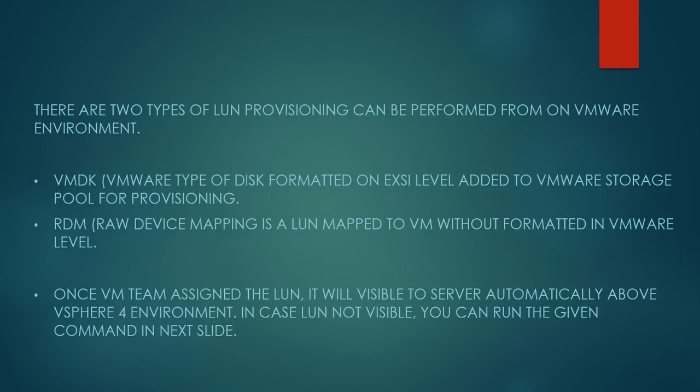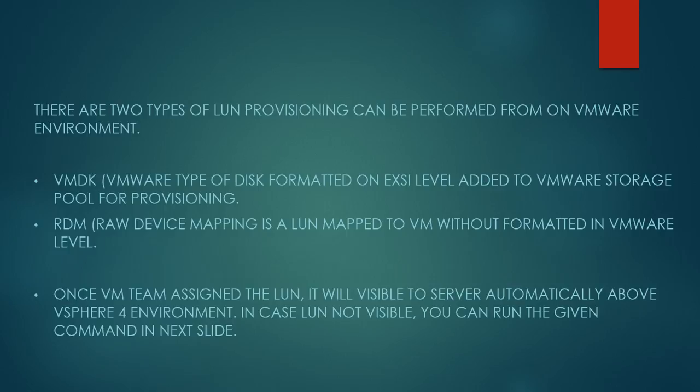We had some commands which we had to run to view the new LUN. But later, from vSphere 4 and above, the newer versions, we don't need to scan a LUN.